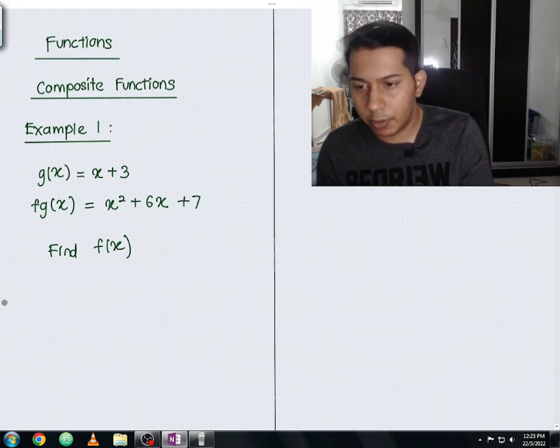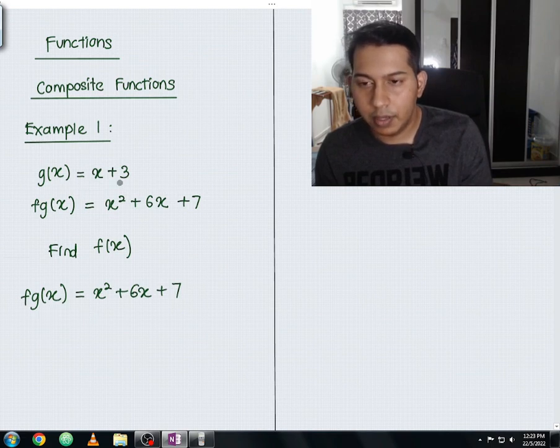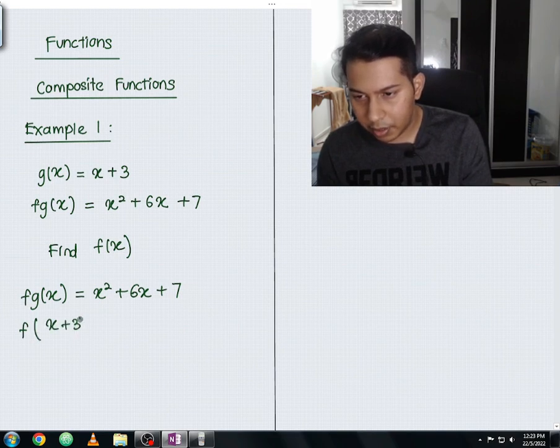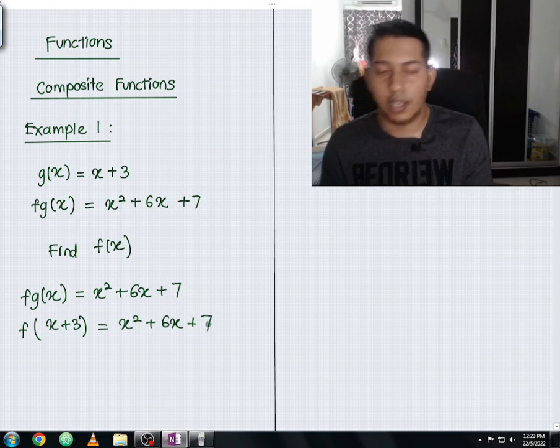So this g(x) you substitute as x plus 3, and from here, f(x plus 3) is equal to x squared plus 6x plus 7.